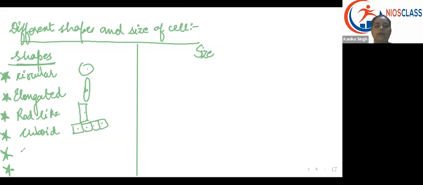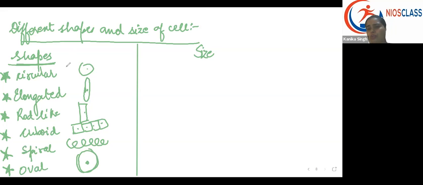Or it can be spiral also, like this. It can be of any shape, like oval, which will be somewhat egg-like structure. So these are the different shapes available. Not only these, these are just a few which I'm telling. Many more structures are also available, like star shape, different kinds of shapes.